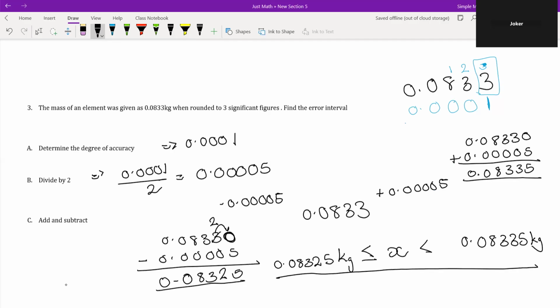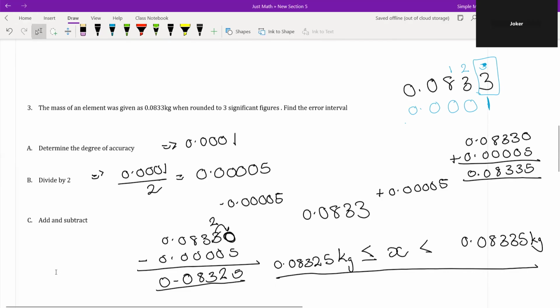I know it's a lot of decimals, but just in case you see something like this, you won't be surprised. So again, the most important thing is to find your degree of accuracy. From there, you just divide by 2 and then add and subtract to get your limits. Okay, so this is for significant figures.